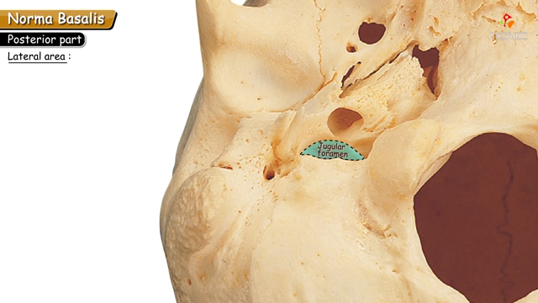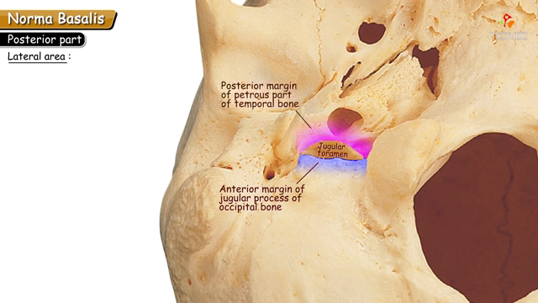Let's see where it is located first. It is situated between the anterior margin of the jugular process of the occipital bone and the posterior margin of the petrous part of the temporal bone, the gap at the petro-occipital suture. This gap is the jugular foramen.